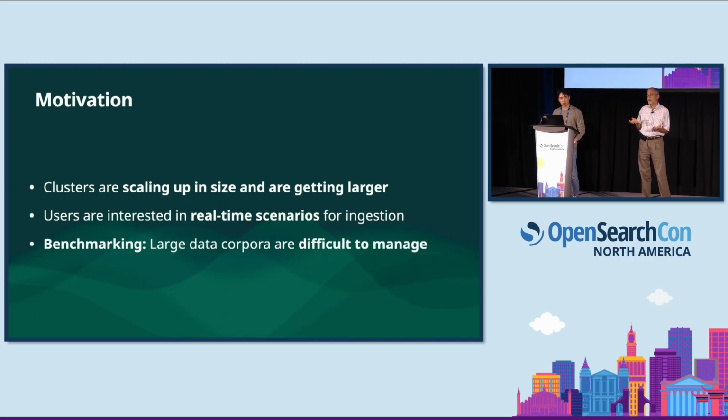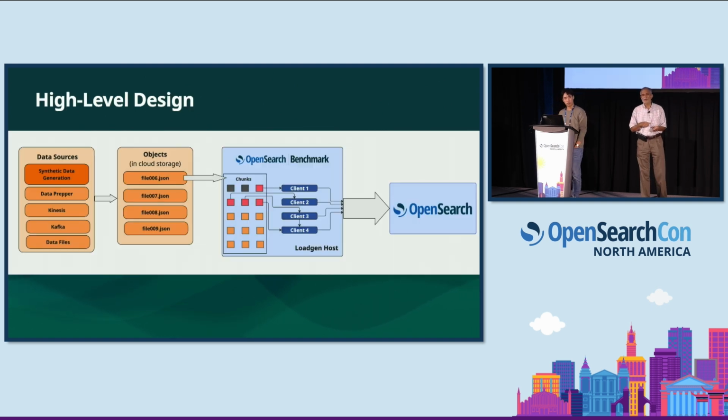In addition to the fact that you have clusters that are much larger in size, users are also keenly interested in being able to model cases where they have continual streams of data that arrive continually and infinite streams that really don't end. So you want to carry out this kind of ingestion in a continual phase. Large data corpora are also not that easy to manage.